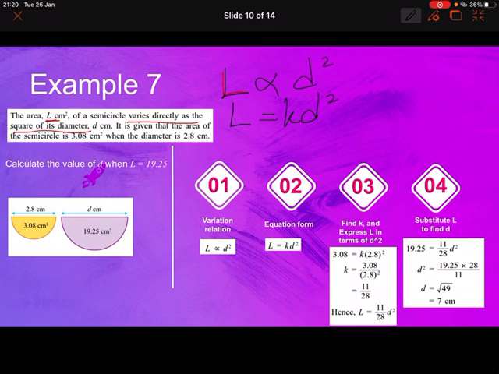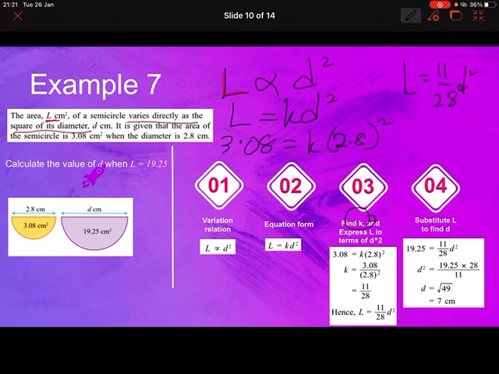And then we find the value of k by using the first information, 2.8 and 3.08. 3.08 is the area, so 3.08 equals k times 2.8 squared, so you get k equals 11 over 28. So L is equal to 11 over 28 d squared.